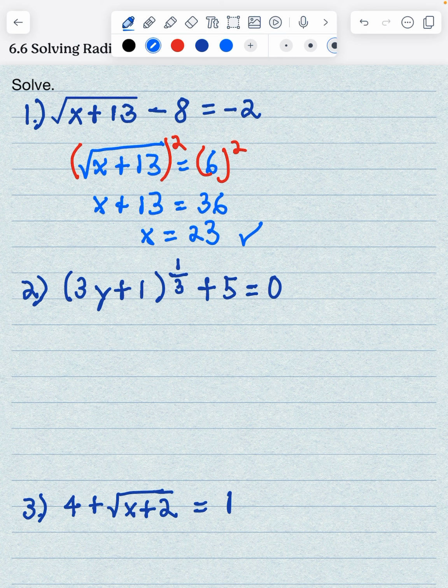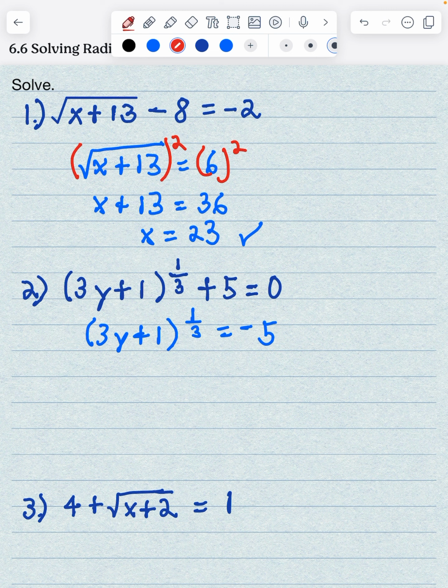In number 2, we have the quantity 3y plus 1 raised to the 1/3 power plus 5 equals 0. So we want to isolate that rational exponent expression by subtracting 5 from each side. When we do that, we get the quantity 3y plus 1 raised to the 1/3 power equals negative 5.